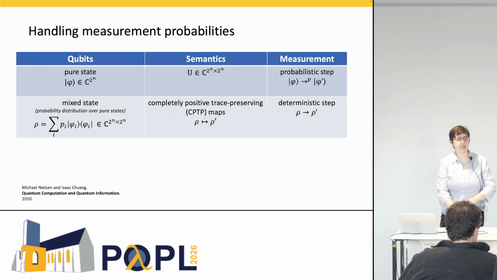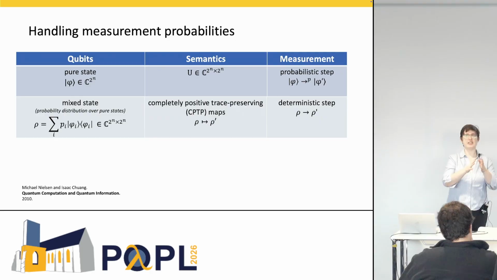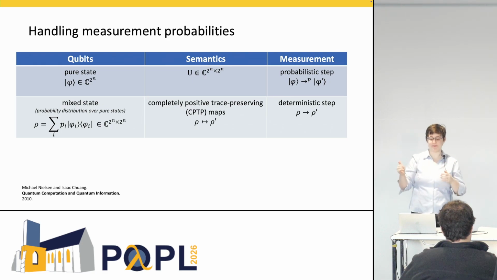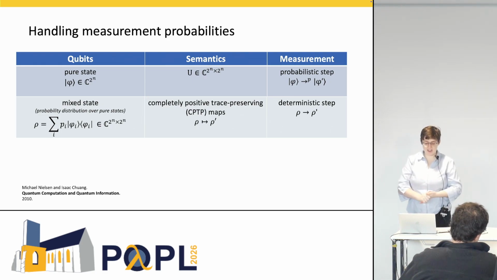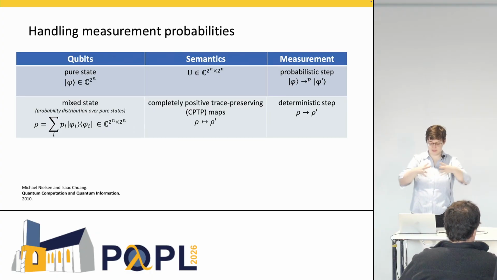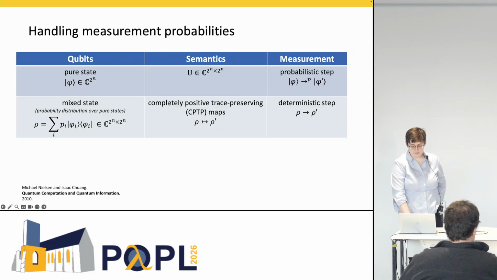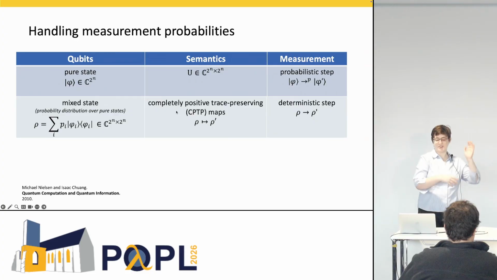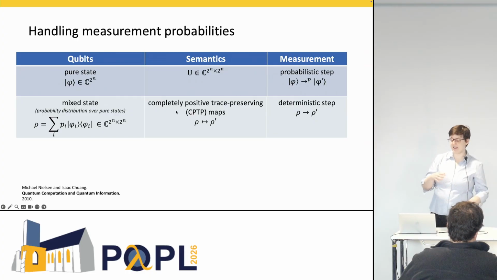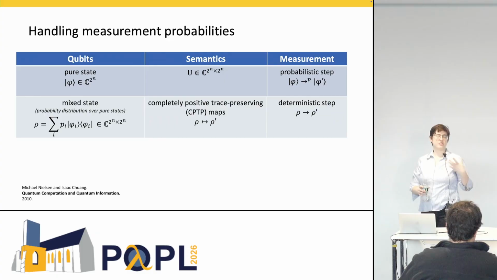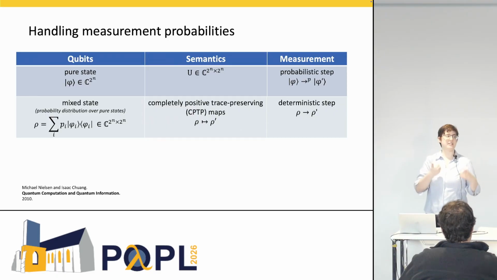This is just like the usual trick of changing a probabilistic step relation into a deterministic step relation over probability distributions, but done in a way that can combine all of the probability distributions into one matrix. So rather than matrices, the semantics of unitaries and measurement are these specific kinds of maps on these mixed states, which are also called density matrices. And we can have a deterministic step relation rather than a probabilistic one.